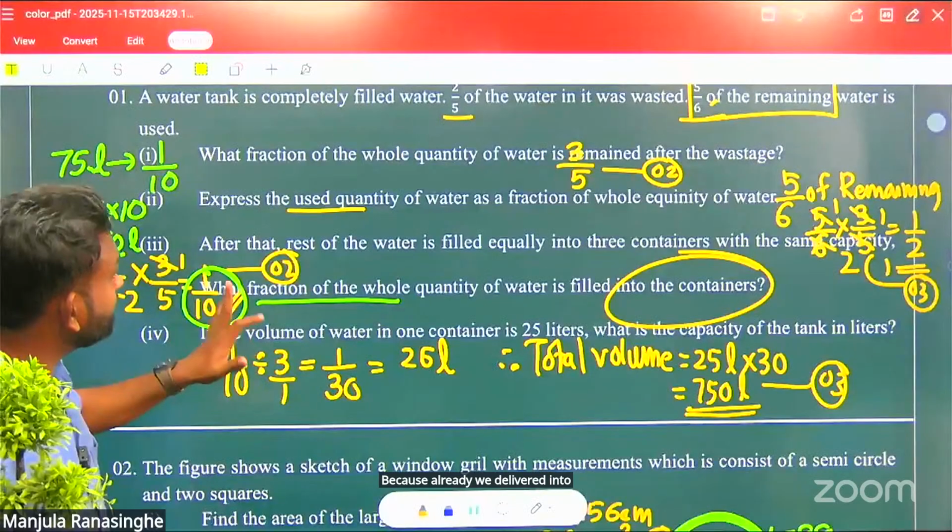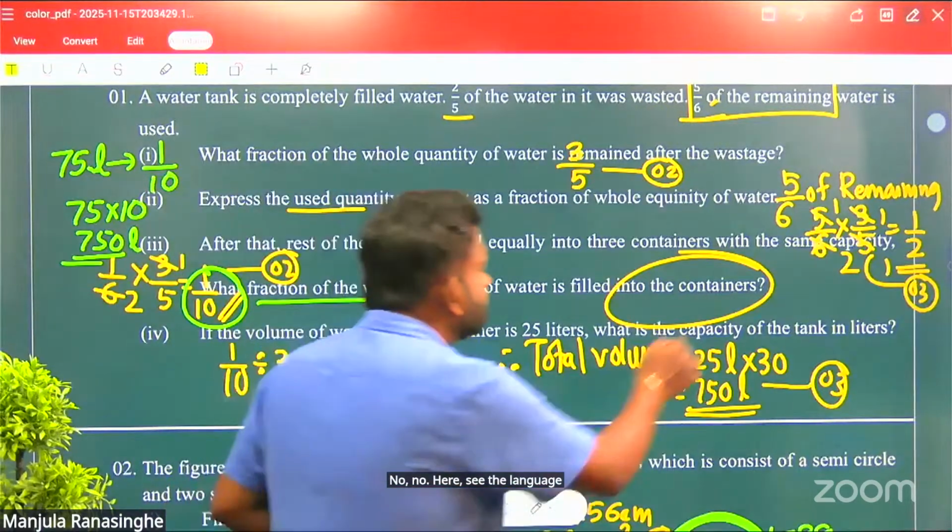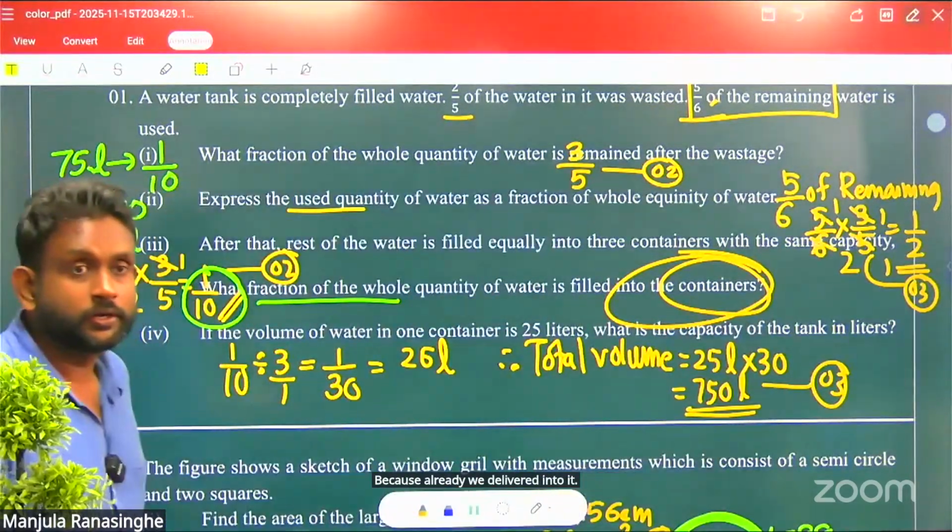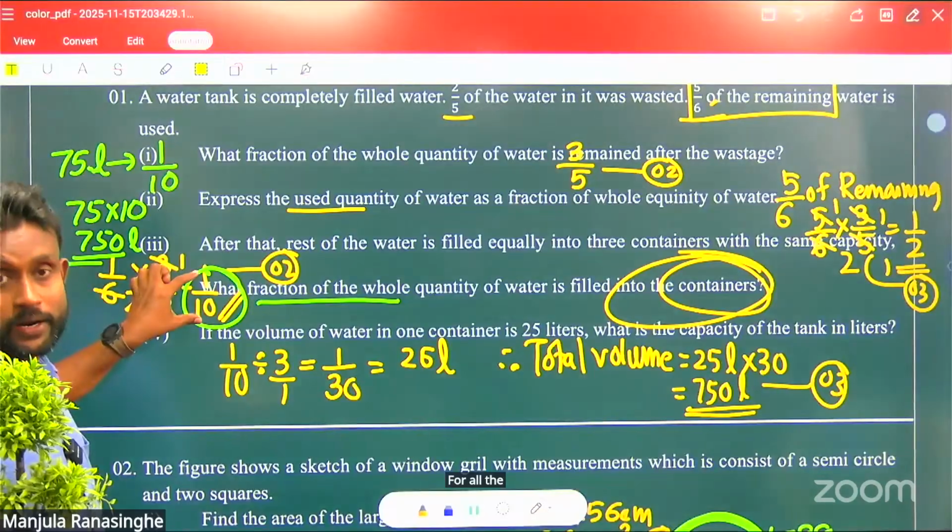Like I am saying, they already said 3 containers. This much means out of the three, one container has this much water. In the fourth question I'm asking, 1/10 is equal, so why are we again dividing by 3? No, we already divided. See the language. As I mentioned, here we got the containers' volume for all three containers, 1/10.